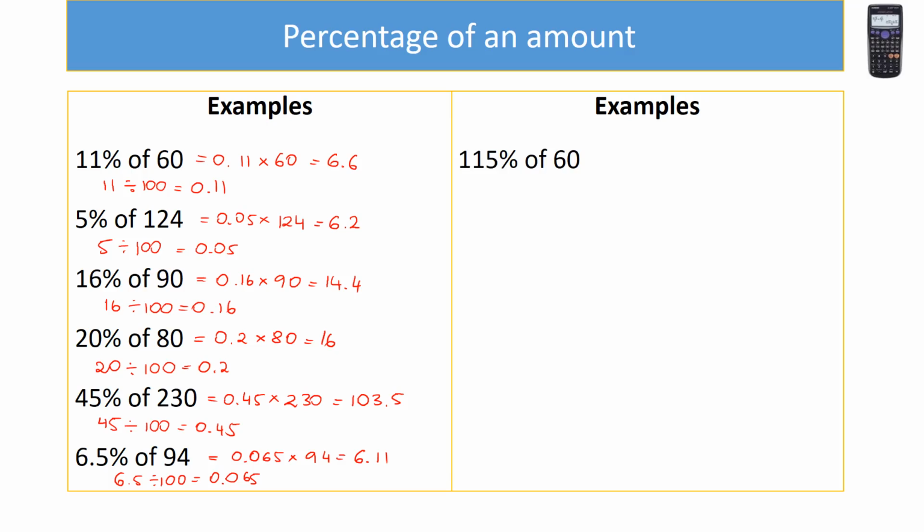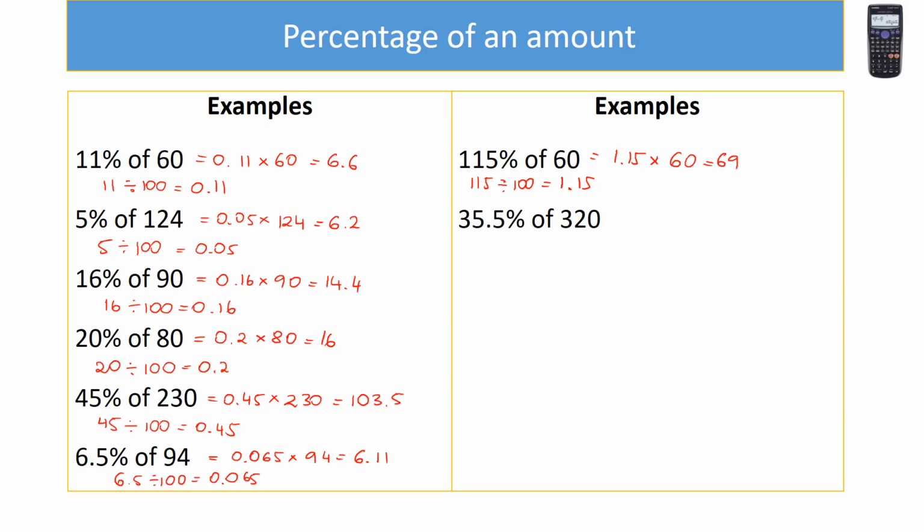115% of 60. So 115 divided by 100 is 1.15. Notice that your answer, because it's more than 100%, should be more than 60. So let's have a look. You have 1.15 times 60, which is 69.